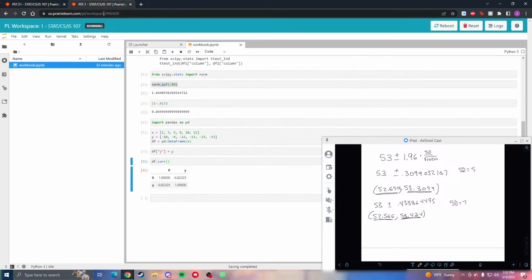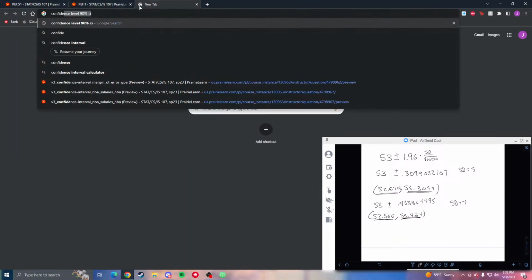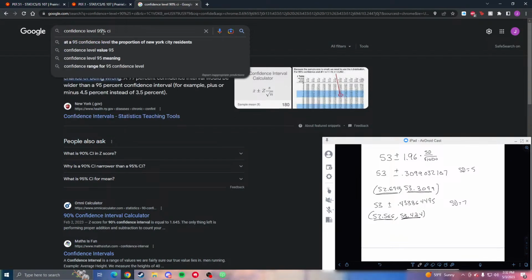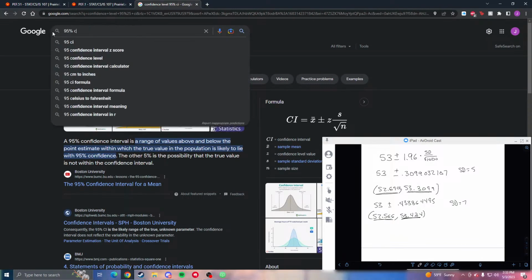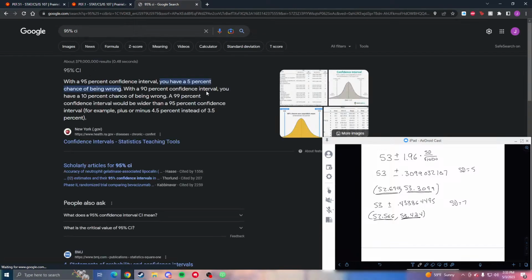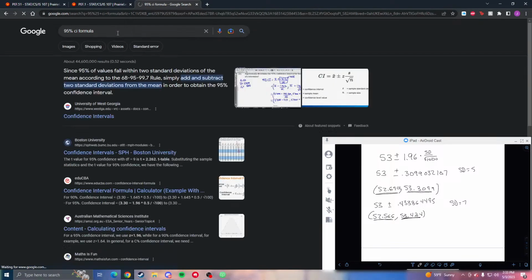Where did the 1.96 come from? That is the critical value for a 95% confidence interval. I'm just going to try and pull up the formula on Google.